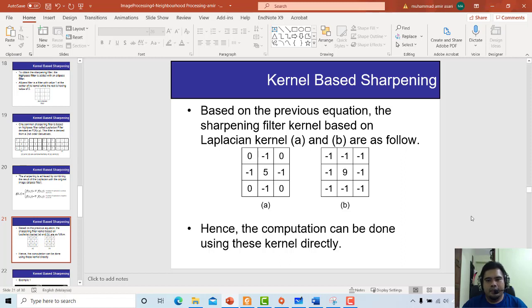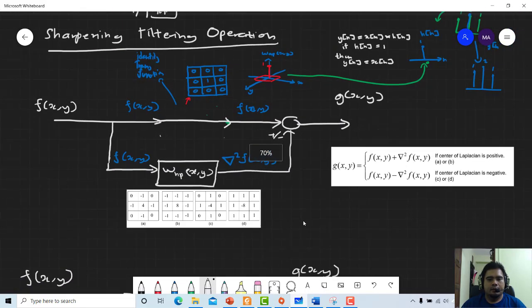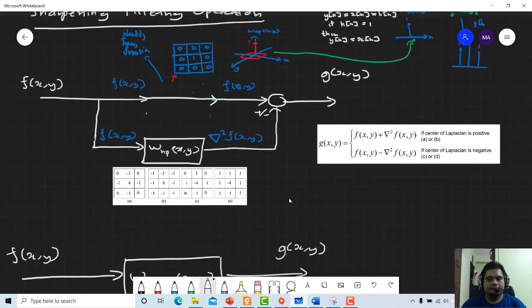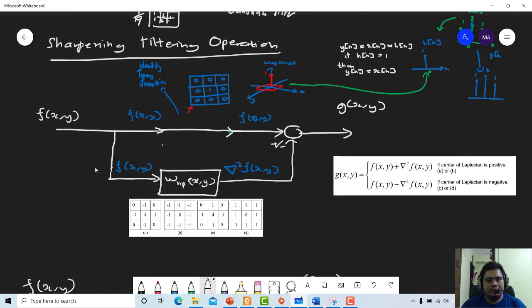Okay, as for this slide, this one is a simplified version of your sharpening operation. How to explain that one? As you can see over there, of course this one is quite complicated.